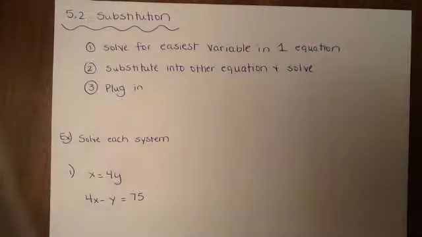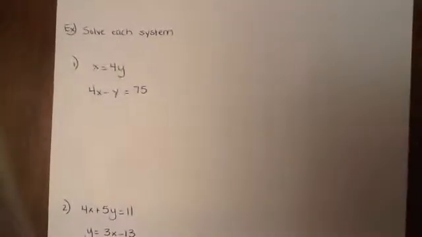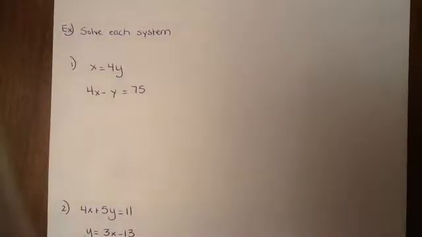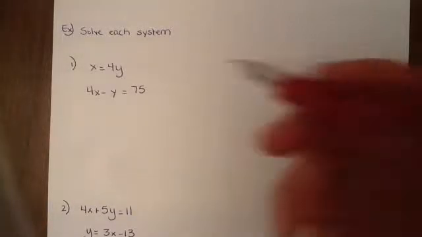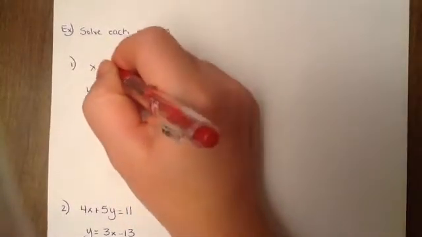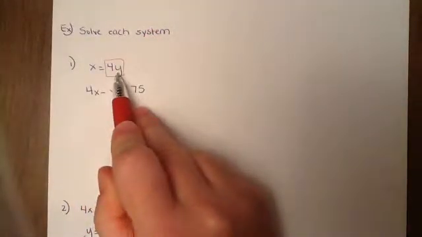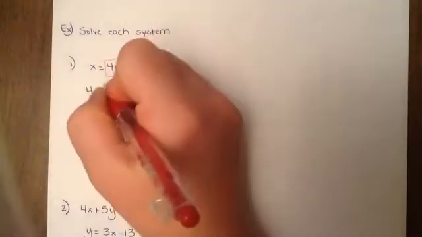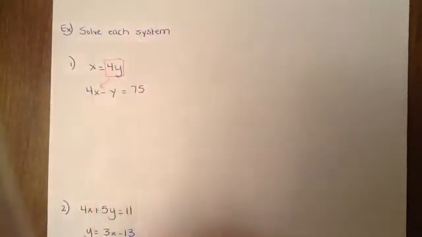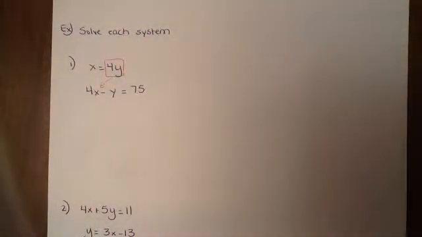So if I look at some of these examples, again, I want to get a variable alone. This one already has x by itself. X equals 4y. So I'm going to take 4y, and since x is the same as 4y, I am going to plug this in to where there's an x. I know x is the same as 4y, so I can replace x with the 4y.